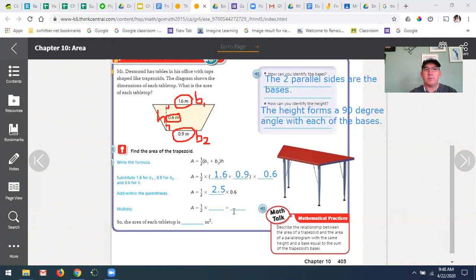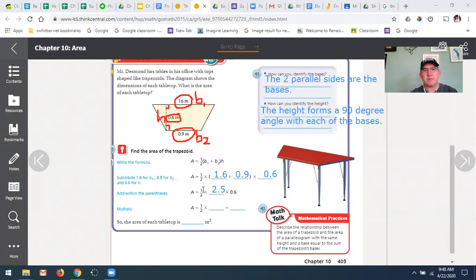And then we need to multiply. We can multiply a half by either one of these. I think it'll be easy to do half of 6/10. Half of 6/10 should be 3/10.